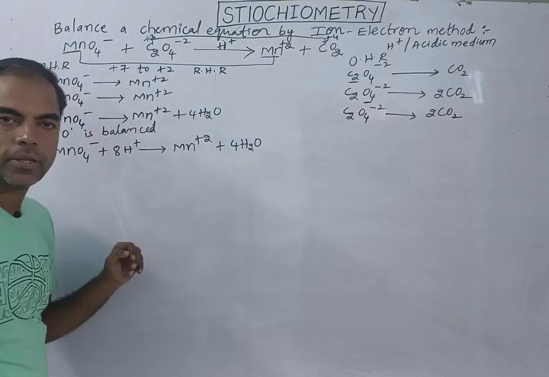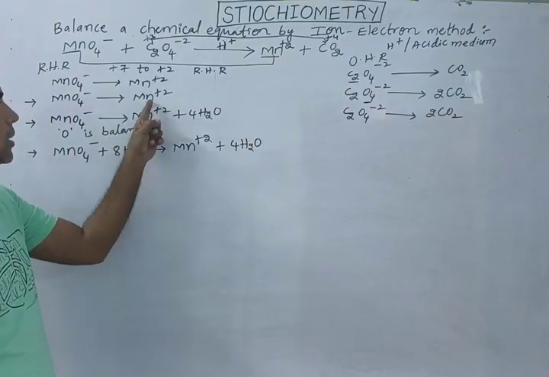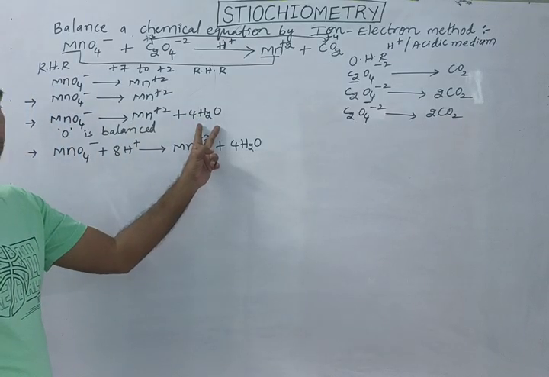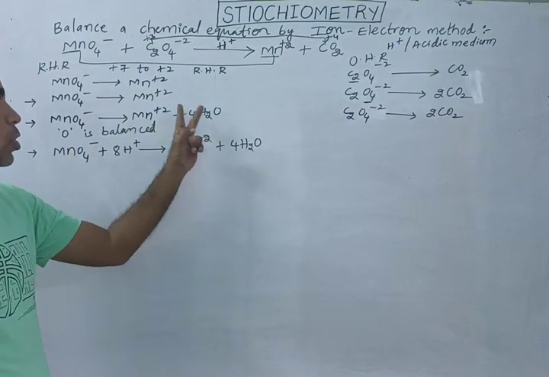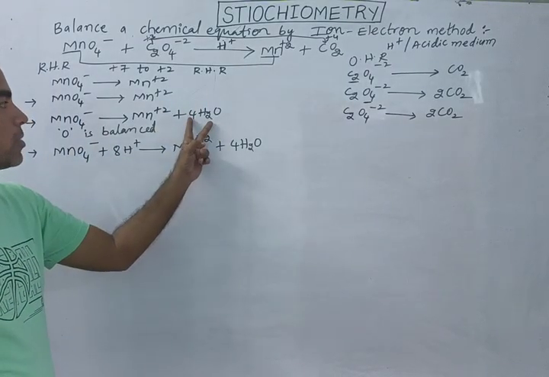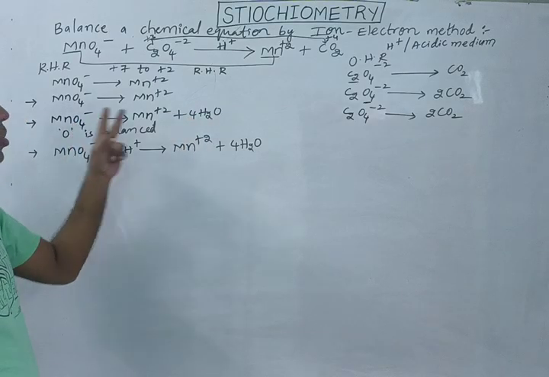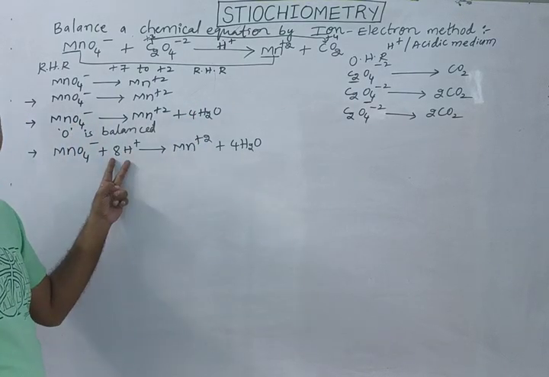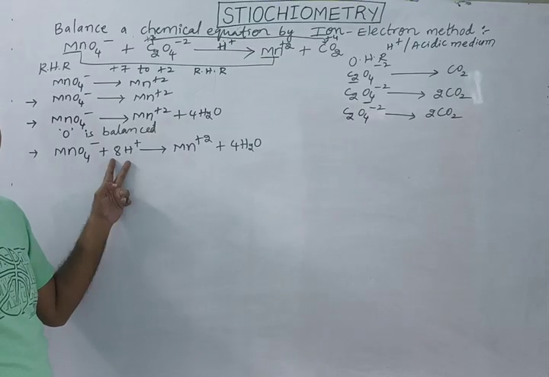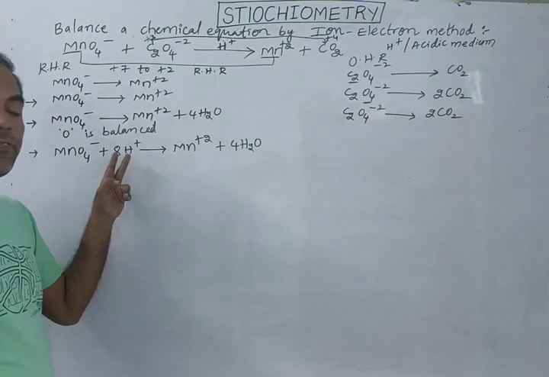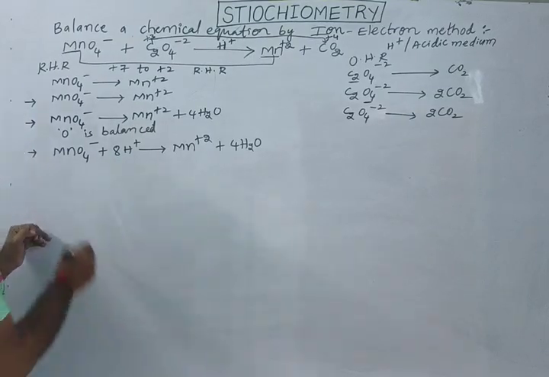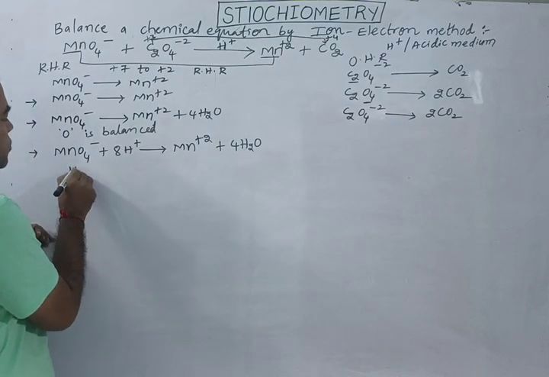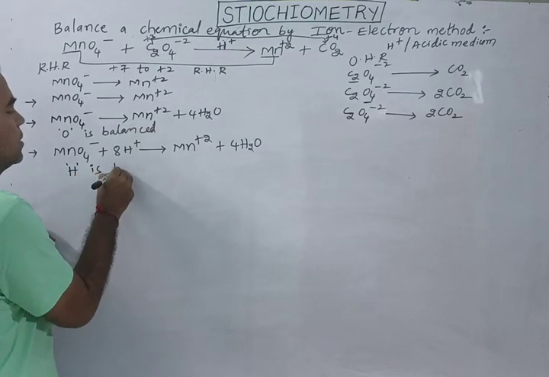Is it clear? To balance the oxygen, we add the required number of water molecules: here 4 oxygens, so we add 4 water molecules. To balance the hydrogen, here 8 hydrogens and on the other side no hydrogens, so we add 8 H plus ions on the required side. Now hydrogen is balanced.